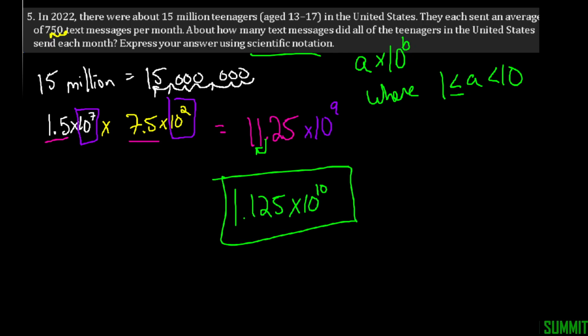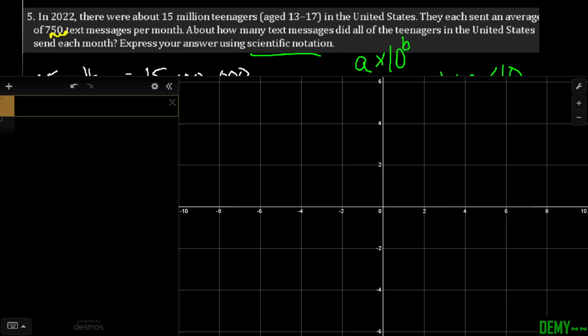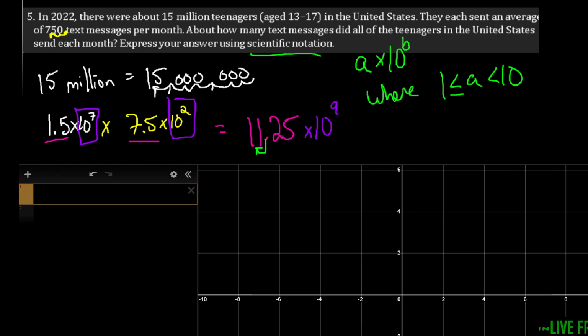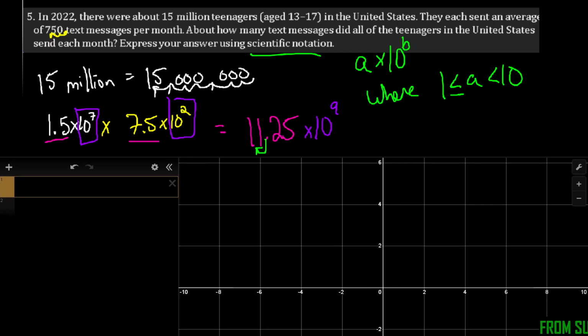So let me see if this will give us our same answer on Desmos. I'm going to do the same thing that I did here, just multiply these two together. So I have 1.5 times 10 to the exponent of 7. We use parentheses, that way we can say multiply.